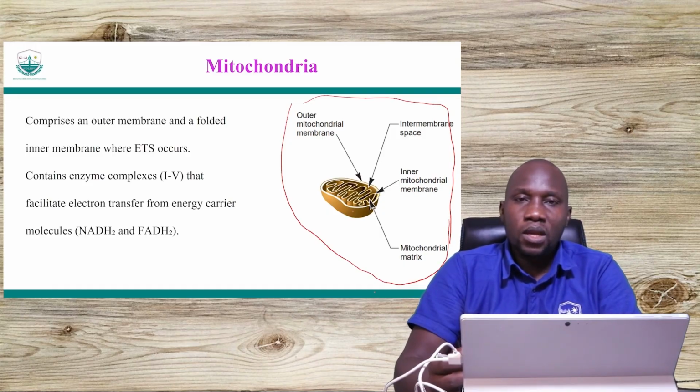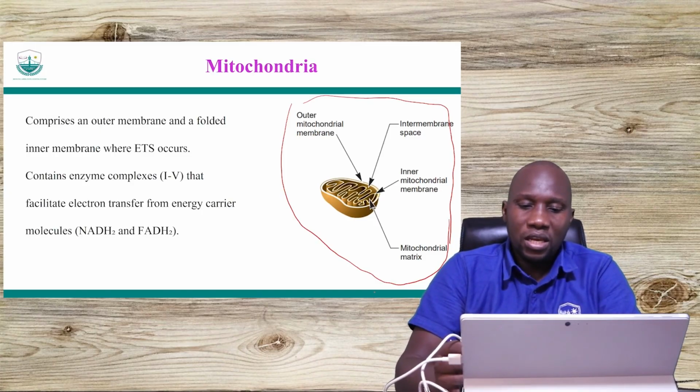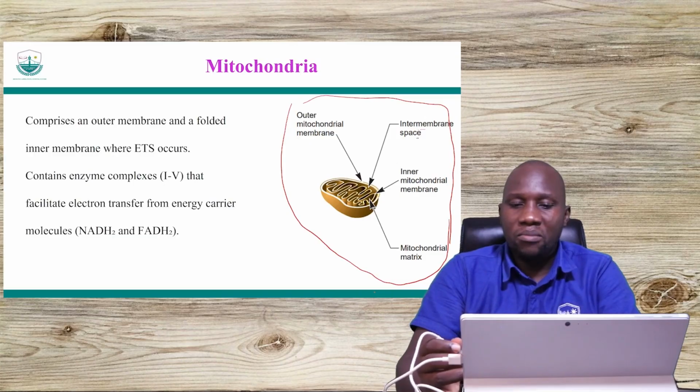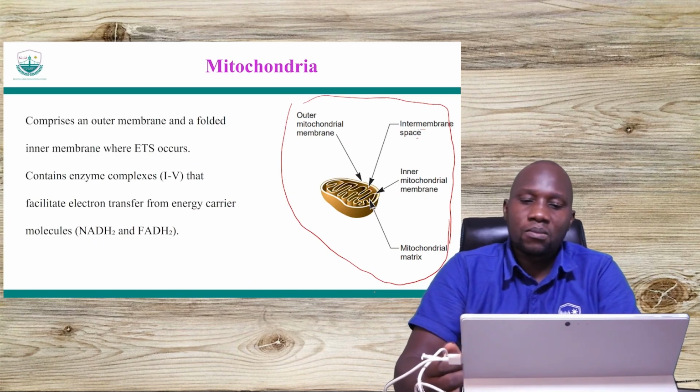Here we will see that the mitochondria has double membranes, the inner and the outer membrane. In between the inner and outer membrane, you have space, what we call the intermembrane space. These spaces here are the intermembrane spaces.